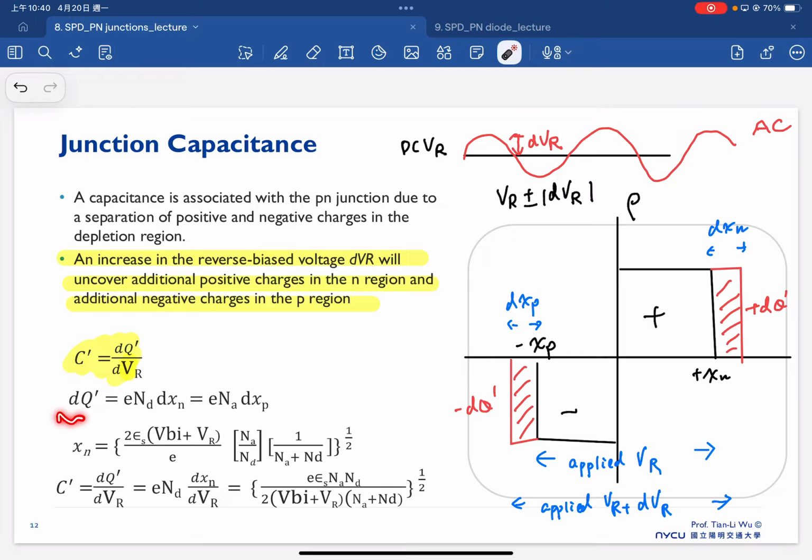The dQ here is just related to the additional xn and additional xp, and finally we can estimate this and it becomes what is shown here. So that's how we can use this junction, put in the additional AC, and therefore measure the junction capacitance.